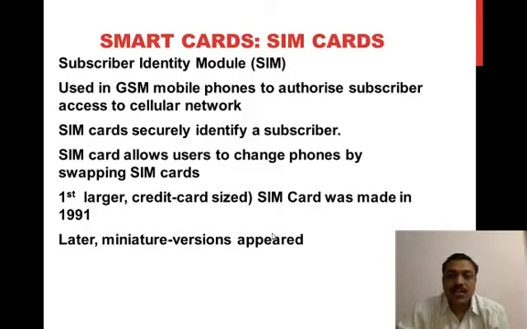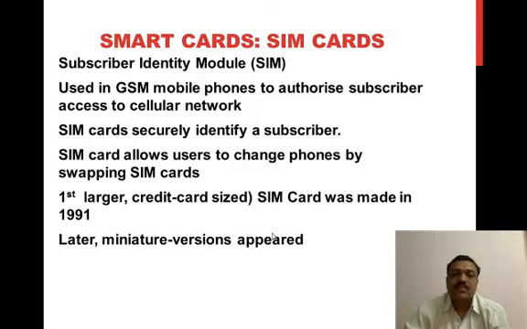So SIM card is a subscriber identity module. Each user has a unique identification number for security reasons, and this is used in GSM mobile phones to authorize subscriber access to the cellular network. The SIM card securely identifies the subscriber, and it also allows users to change phones by swapping SIM cards.